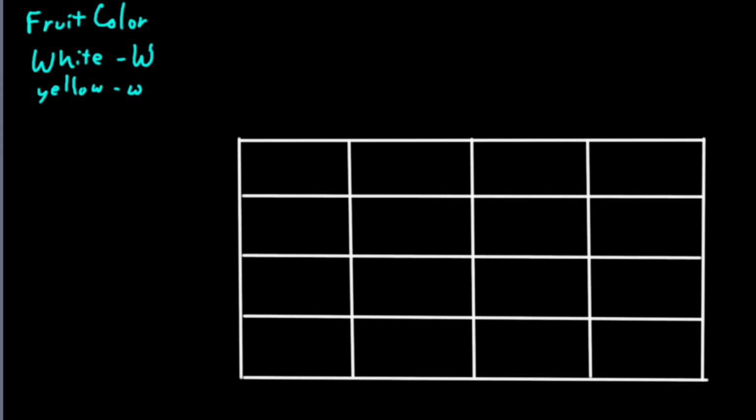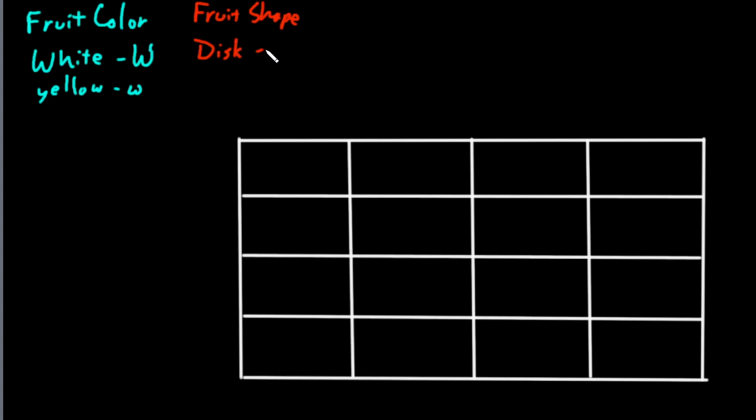It says, and disc-shaped fruit is dominant over sphere-shaped fruit. So we had fruit color, and now we're going to have fruit shape. Disc shape, and let's see, it's spelled with a K, all right.